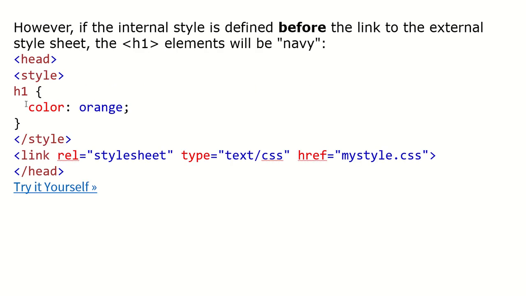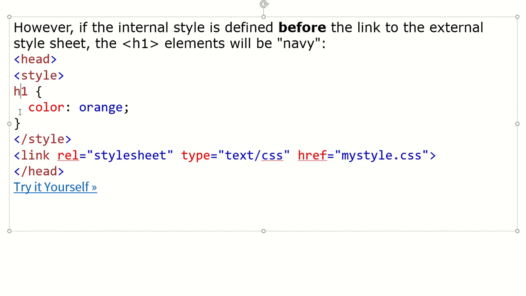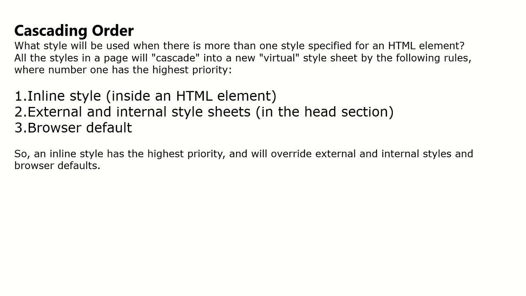And one more assumption: suppose you write the internal style sheet part first, and then you link the external style sheet, then in that case the second one will be executed, not the first one. It will override.